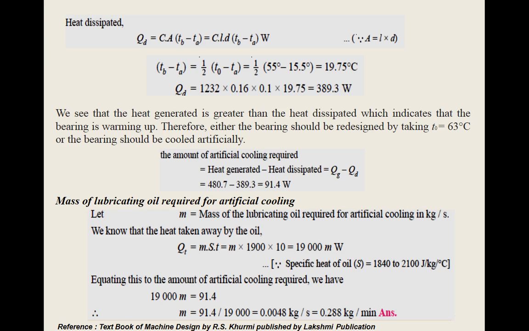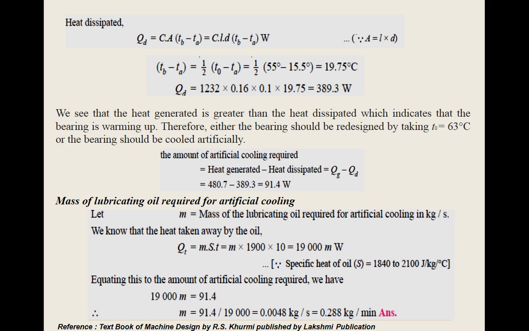So what we observe in the two values of heat, the first one is the heat generated and the second one is the heat dissipated, is that the total heat generated is greater than the heat dissipated. In this case, the bearing is going to warm up. So we need artificial cooling to dissipate the extra amount of heat which causes the warming up of the bearing.